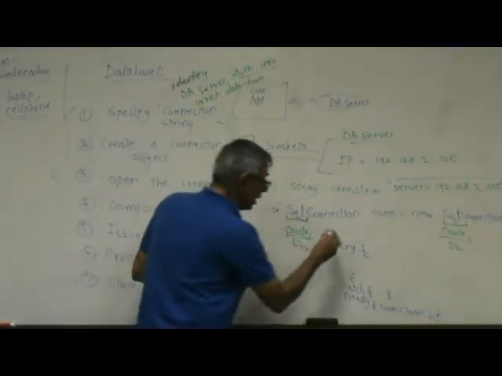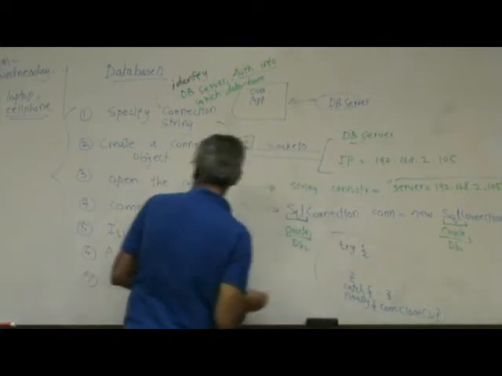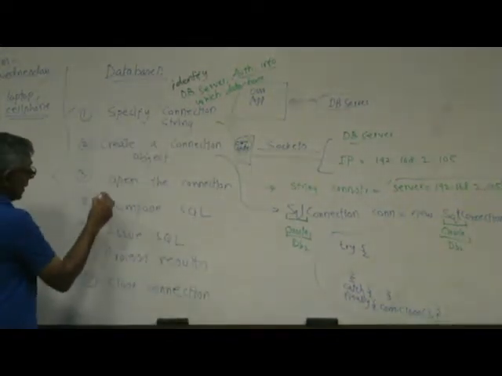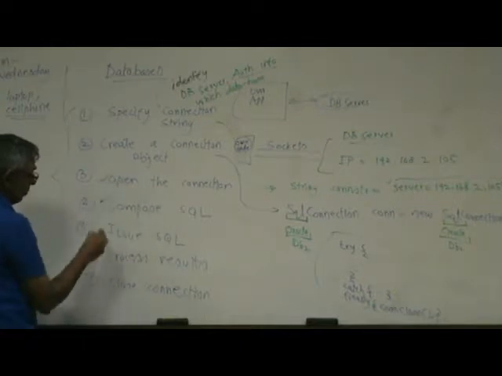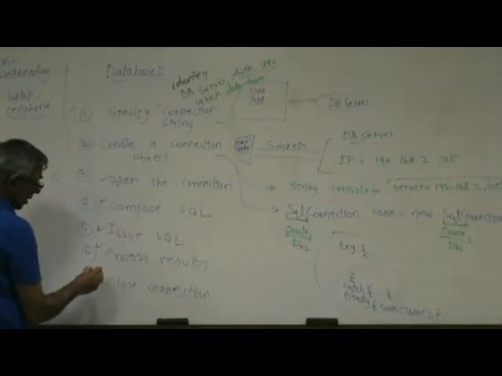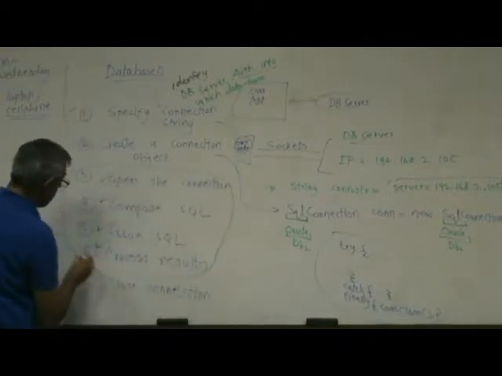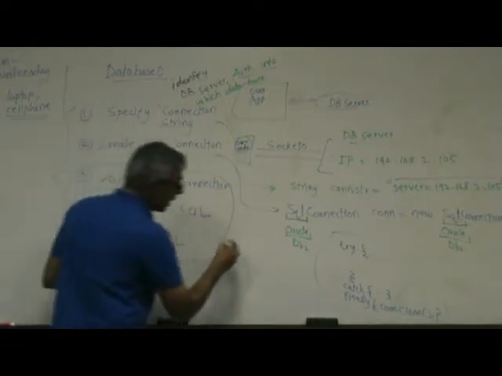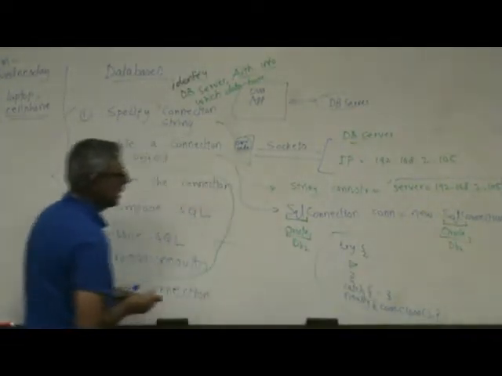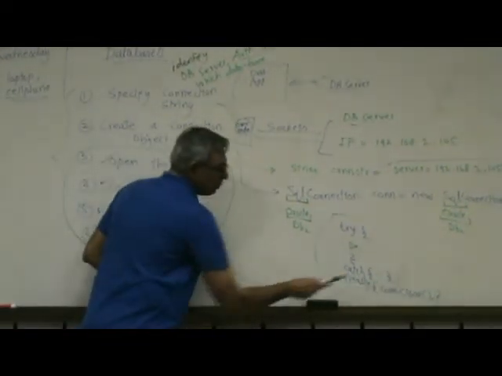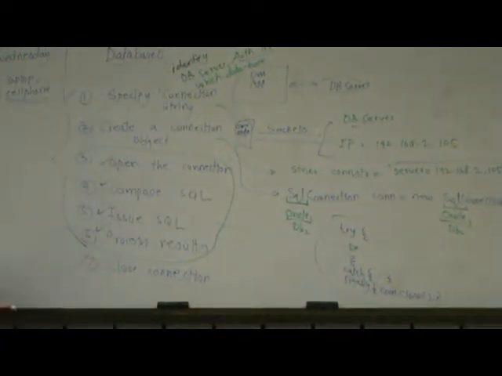So all of these steps, compose SQL, issue SQL, process records, all of these are done. So steps 3 through 6 are done over here. The closing of the connection is done in the finally block. So that's the typical code.